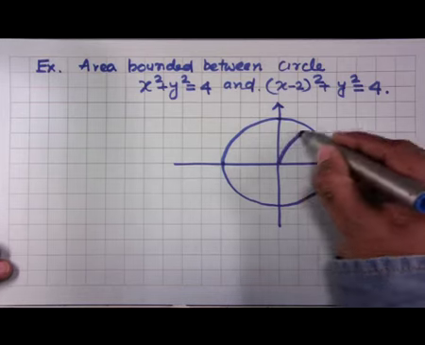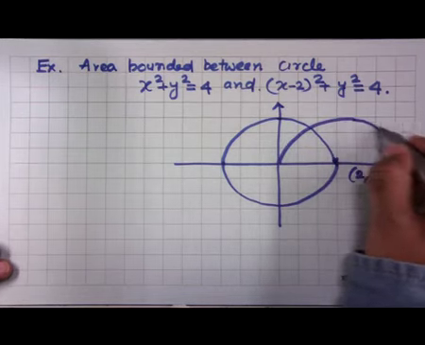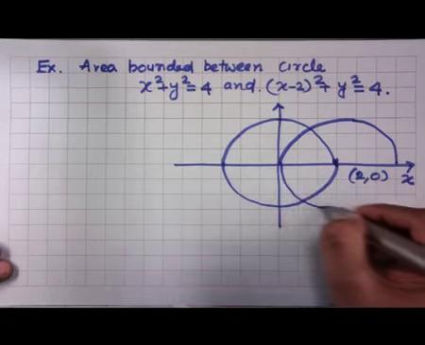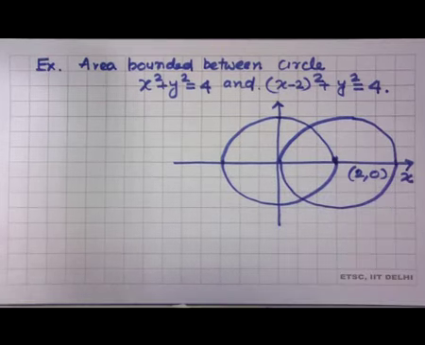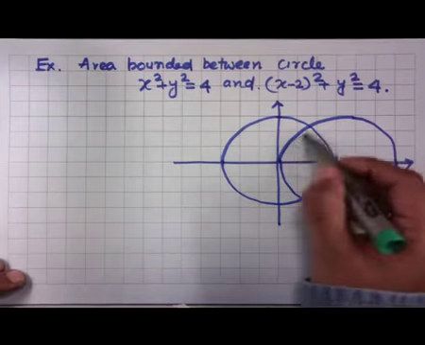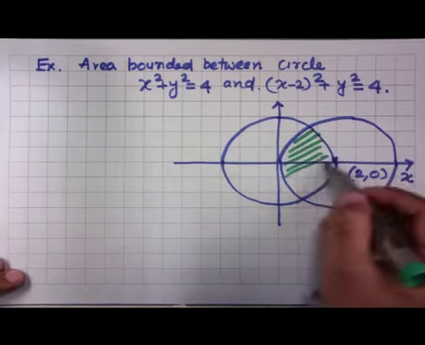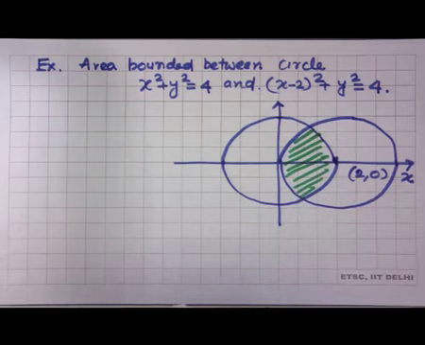So, you get this circle. So, the common area between these two circles is this.